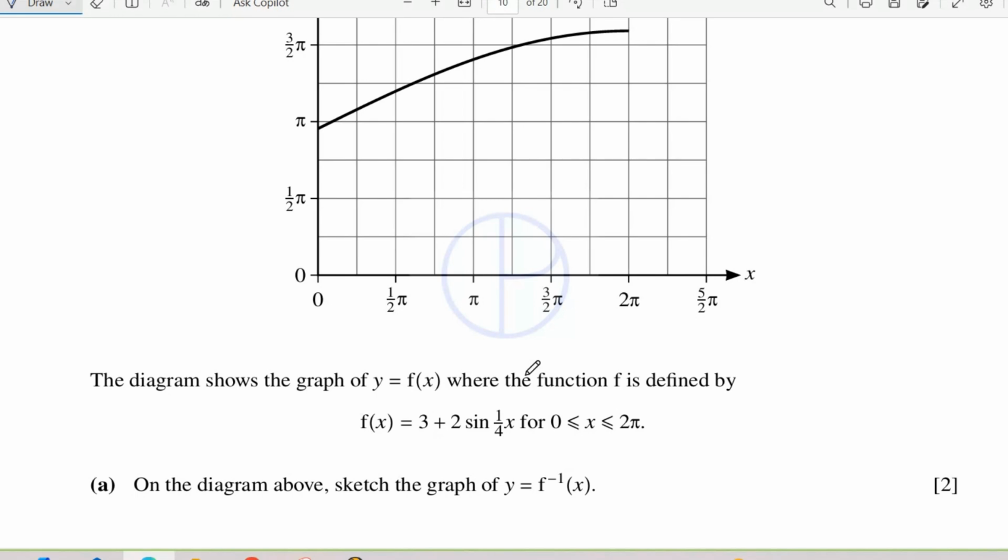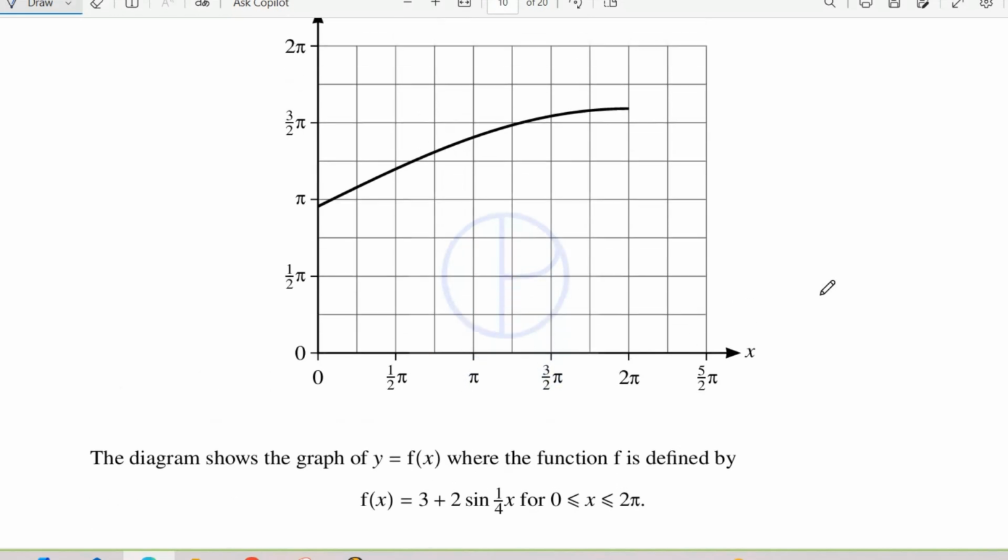So to sketch the f inverse function, first we need to draw the mirror line, that is y is equal to x. So this is the mirror line, y is equal to x. Next, let us mark the point.